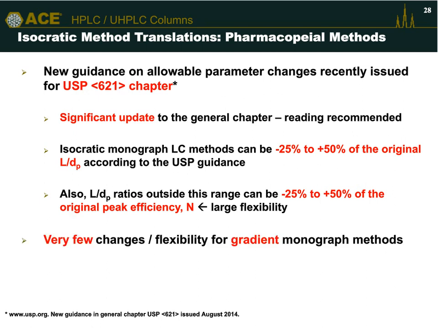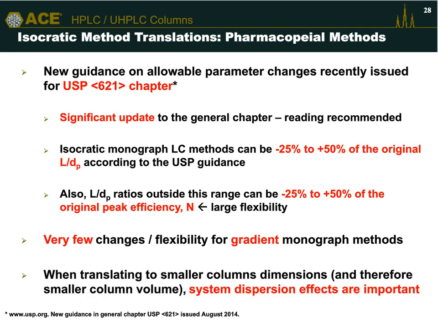However, there have been very little changes, if any, for gradient monograph methods. So what I'm going to discuss here only applies in terms of the USP guidance and the monograph guidance to isocratic methods. A key point to remember for monograph translations is when you convert to smaller column dimensions, it's so important that you think about the extra column band broadening effects of your instrumentation.